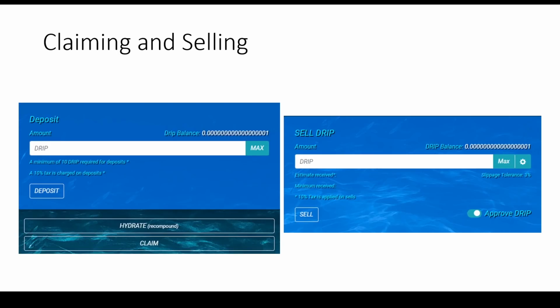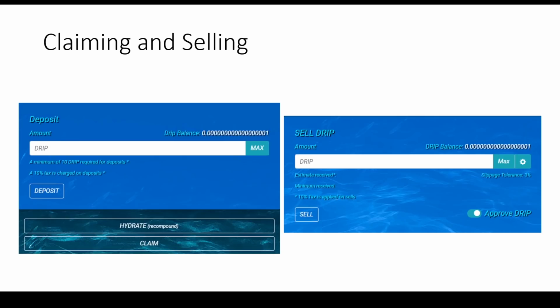So how do you claim? Whatever comes over to your available. How much is going to come over to available? 1% a day of whatever your deposits are. You can simply press the claim button and approve the transaction on your MetaMask wallet.